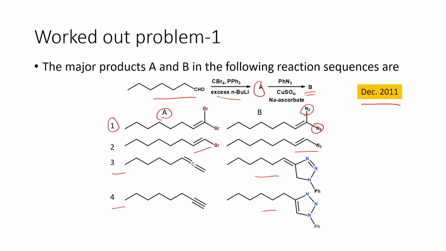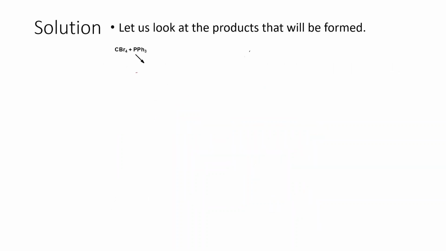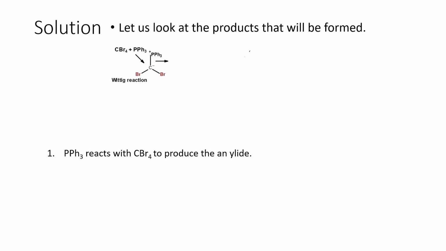We are going to see what are all the products that will be formed, that is intermediate A and intermediate B. So if we look at how the reaction will proceed, the reaction of CBr4 and triphenyl phosphine is to produce a phosphonium halide.